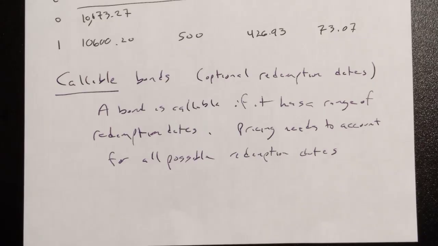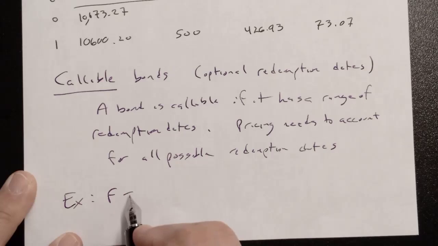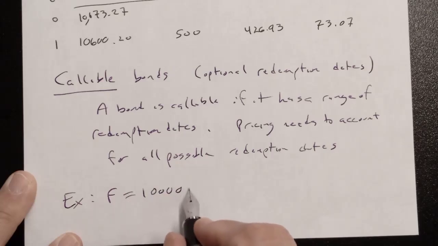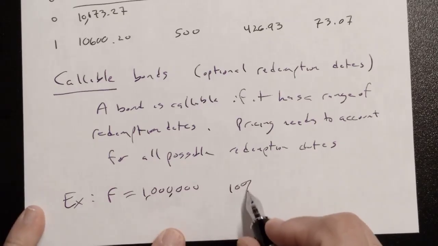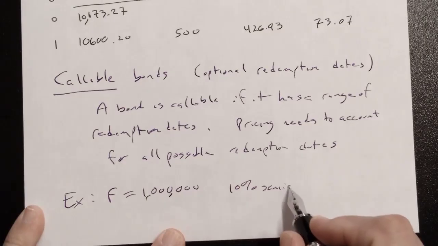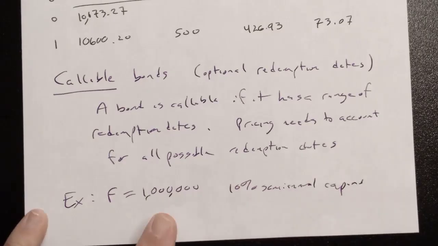The example in the text has a face value of $1 million. It says we're going to do 10% semi-annual coupons. And redemption at any coupon date between 12 and 15 years.